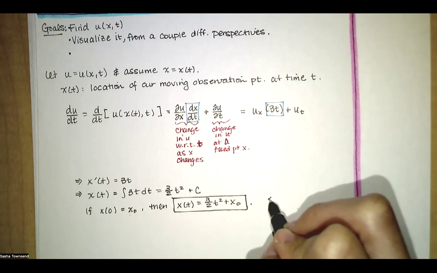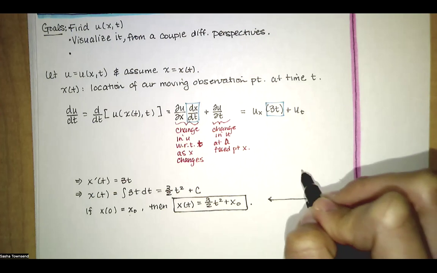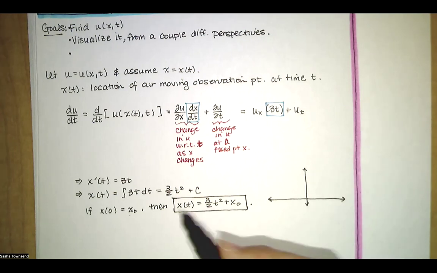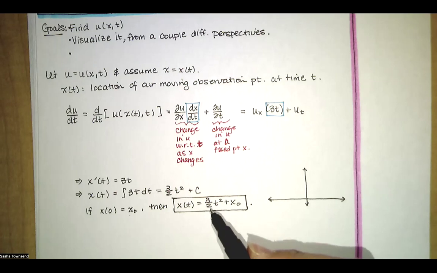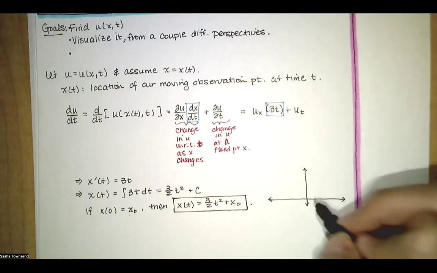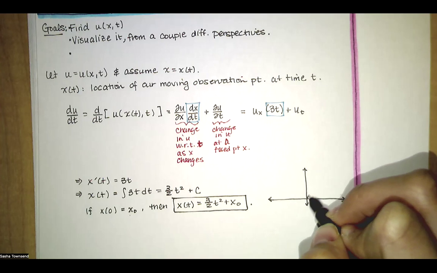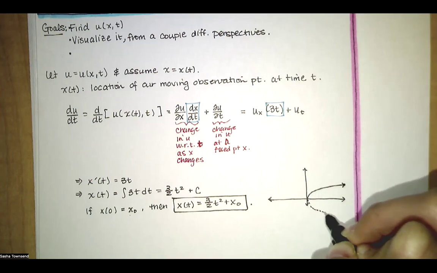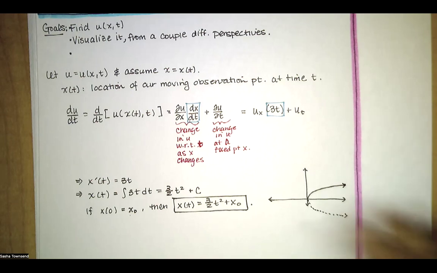And if we want to, we can graph them in the xt plane. So when x naught equals 0, we've got x equals this constant times t squared. It's basically a parabola. And there's another part of the parabola over here. It would be symmetric, but we don't see it.